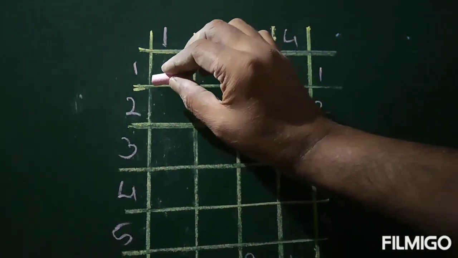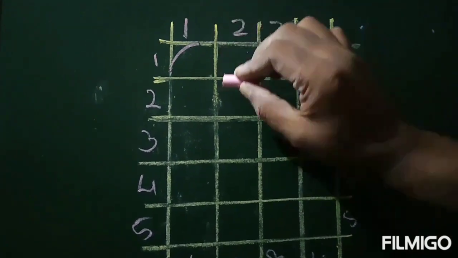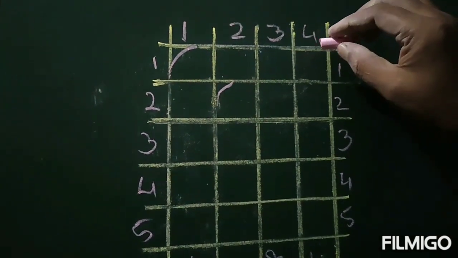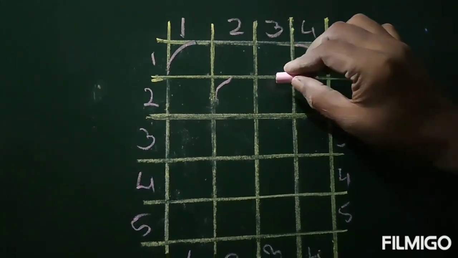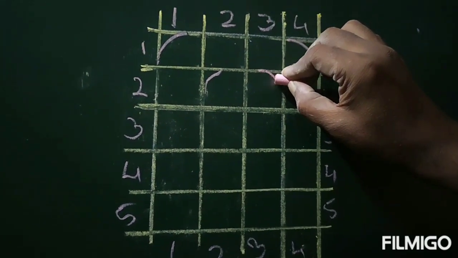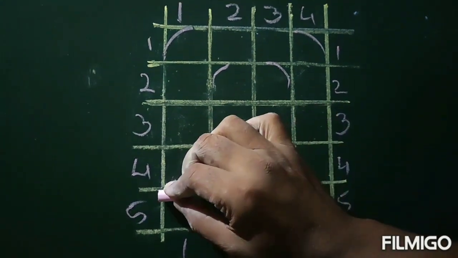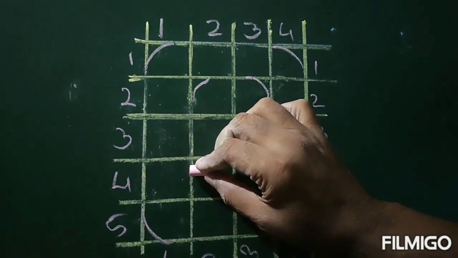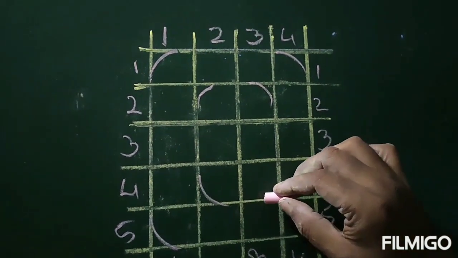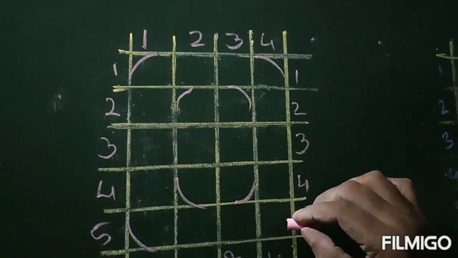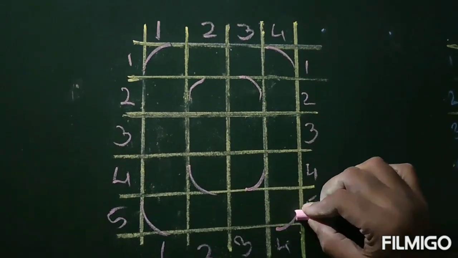The 8 digit will just turn 1:1, 2:2, 4:1, 2:3, just the same in down, 1:5, 2:4, 3:4, and 4:5.